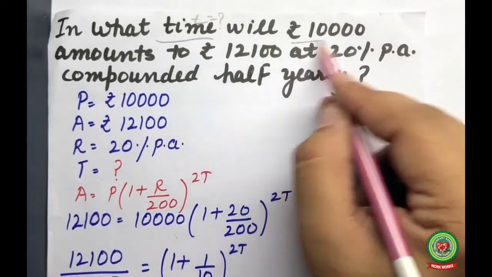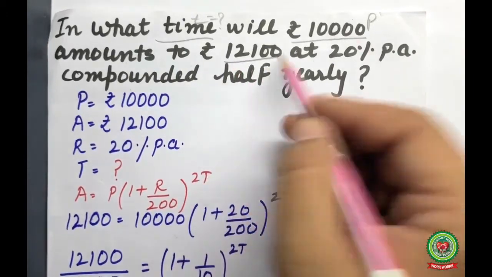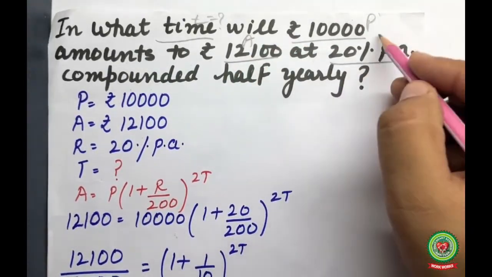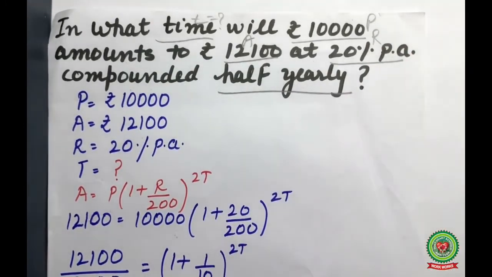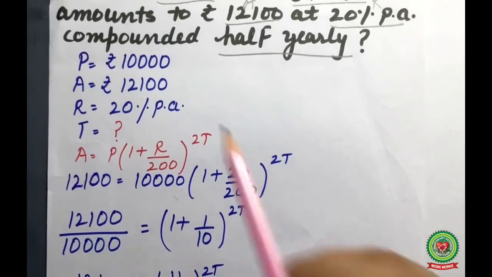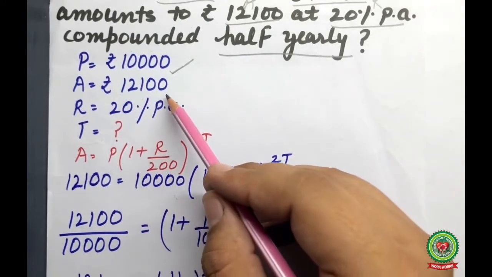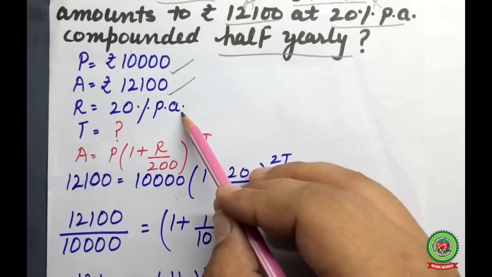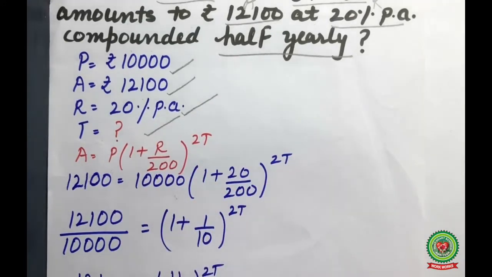Will rupees 10,000, that is principal, amounts to rupees 12,100, that is amount, at 20% per annum, that is rate, compounded half yearly. So we have written what is given to us, that is P is equal to rupees 10,000, amount is equal to rupees 12,100, rate is equal to 20% per annum, and time is equal to question mark.